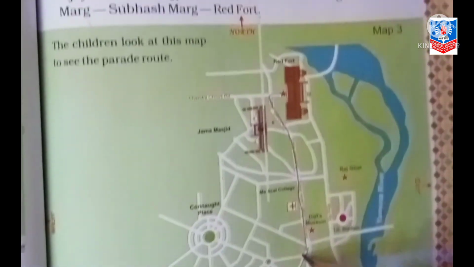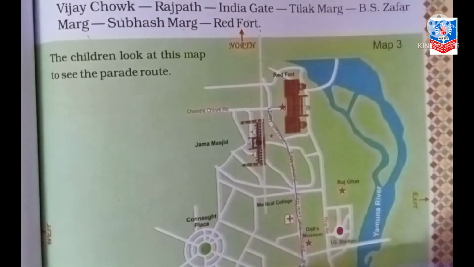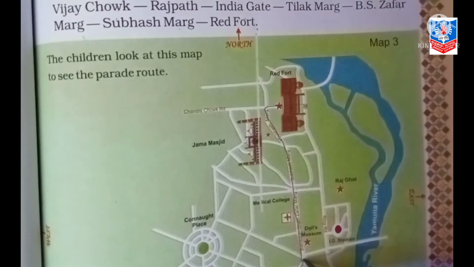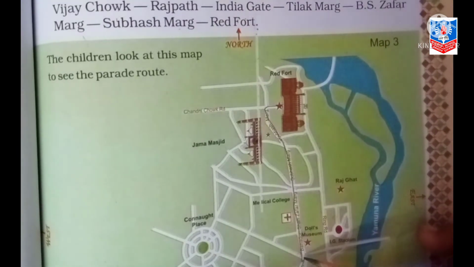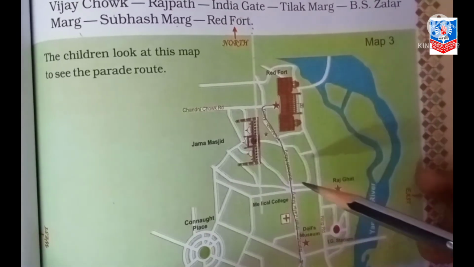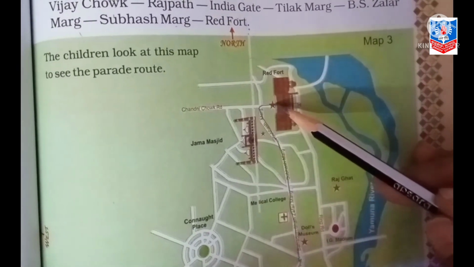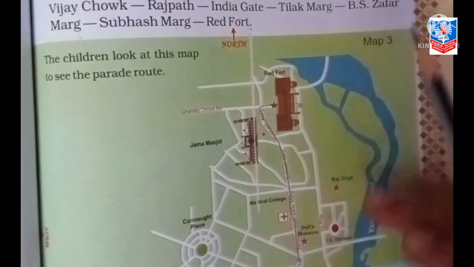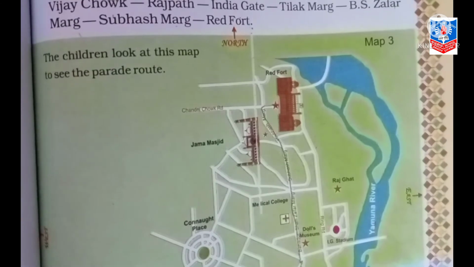From these three you have to find which is the longest road. Now see, Tilak Marg is from here to here. Then Bahadur Shah Zafar Marg is from here to here, and Subhash Marg is from here to here. So which road is the longest? Subhash Marg. Understood?